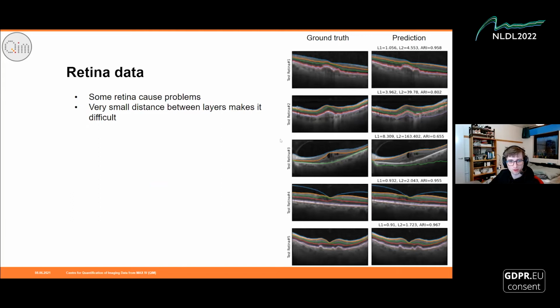We've also tried it here on some retinal images, and similarly, it does well on most of the images, and sometimes it fails. Here in the third one, it fails a bit. And this is probably caused by the fact that the very first column of pixels in this image doesn't have a lot of information about the label itself.